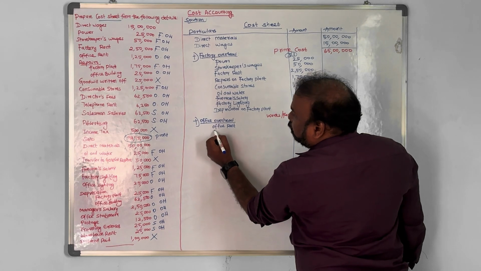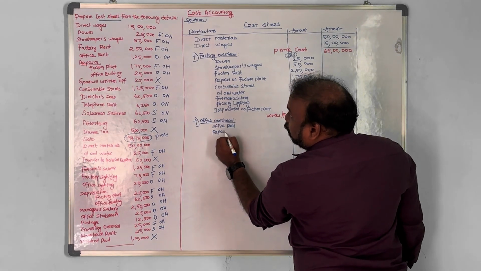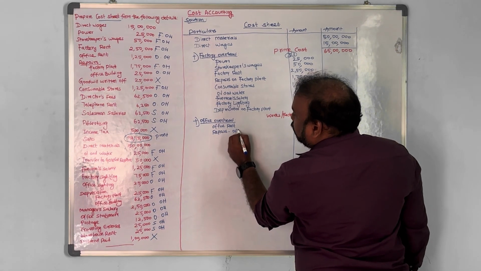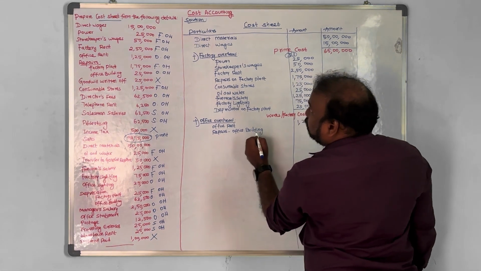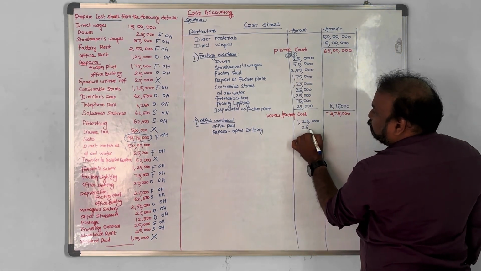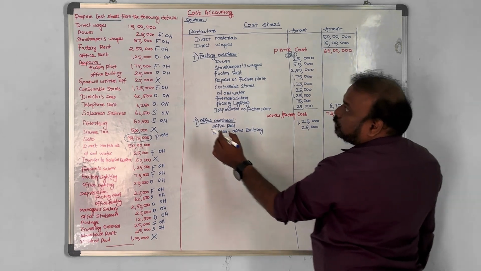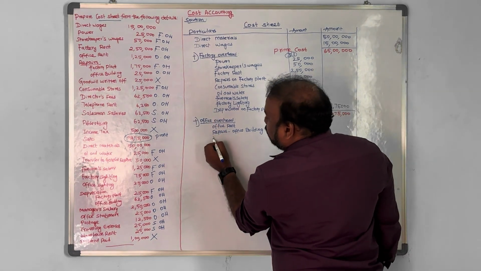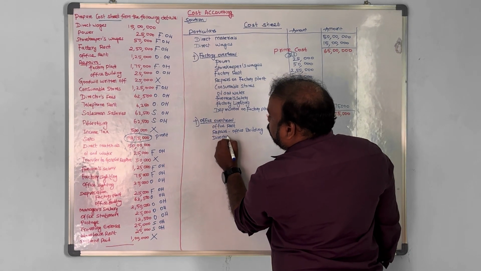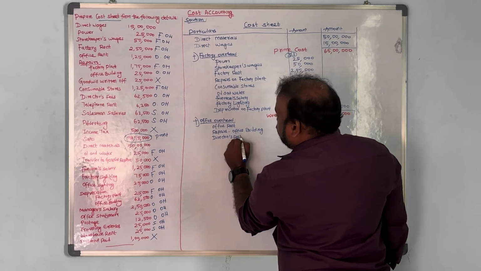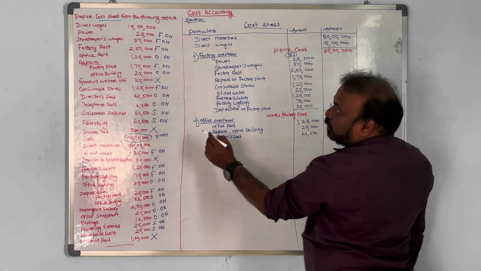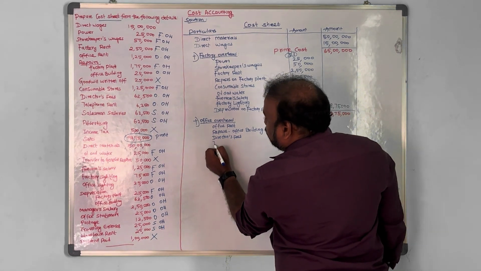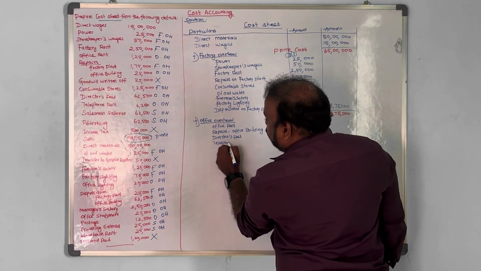After that, repairs to office building 25,000. Then director fees 62,500. Then telephone rent, these telephone charges 6,250.